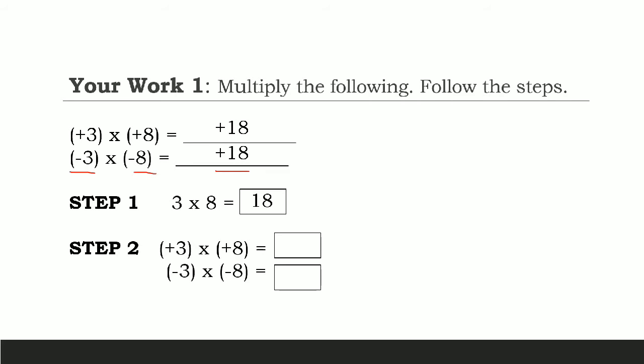We will prefix positive sign if we have same sign. Like this. Positive 3 and positive 8. So our answer is positive 18. Negative 3 times negative 8. Our answer will be positive 18.